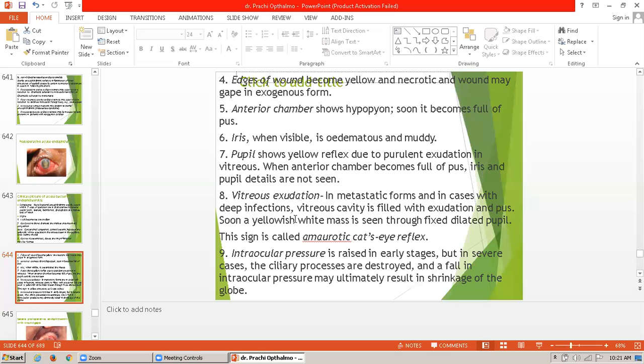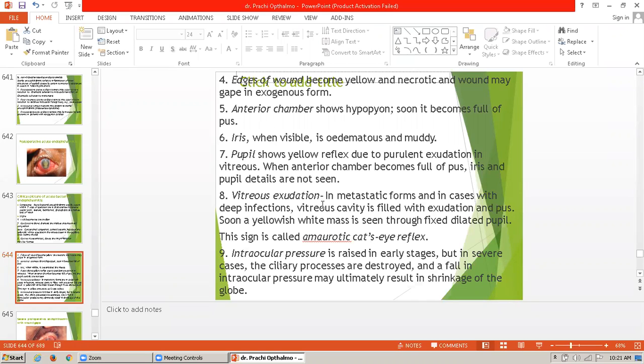The next is vitreous exudation. In the metastatic form and in cases with deep infections, the vitreous cavity is filled with exudation and pus, and soon a yellowish white mass is seen through the fixed dilated pupil. This sign is called the amaurotic cat's eye reflex.